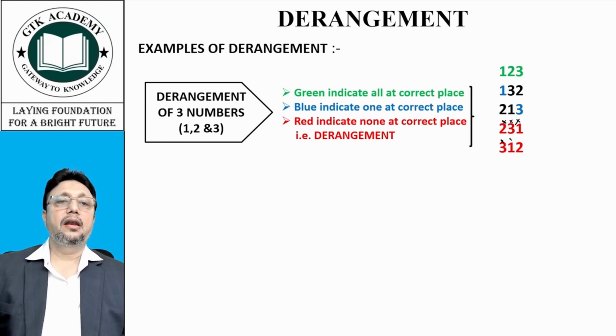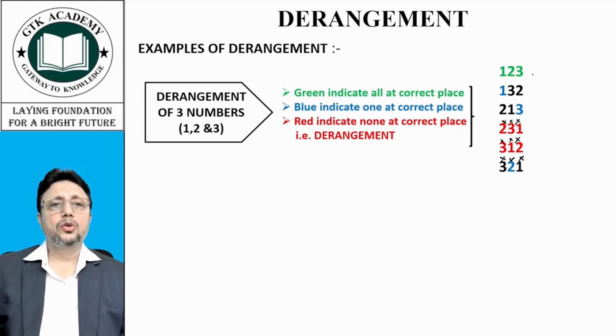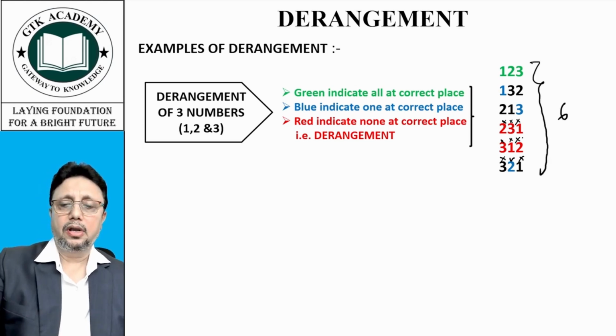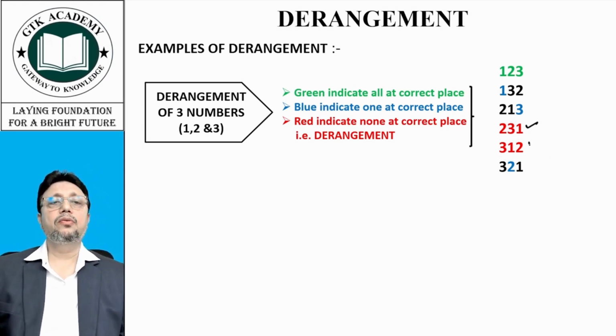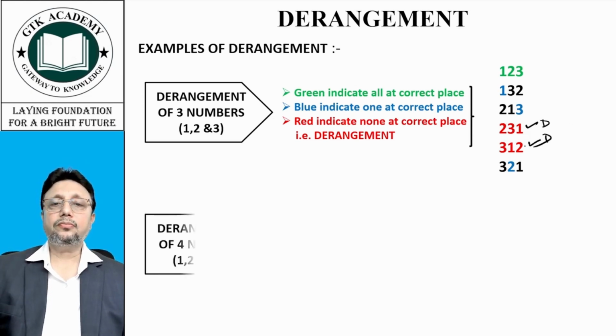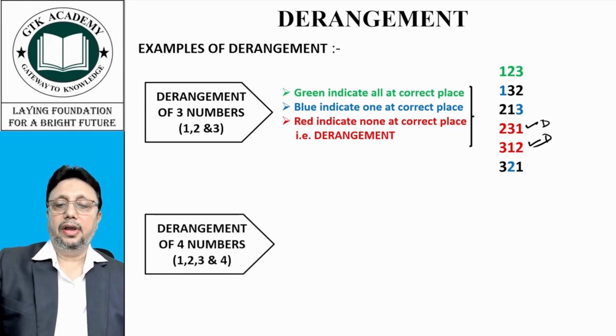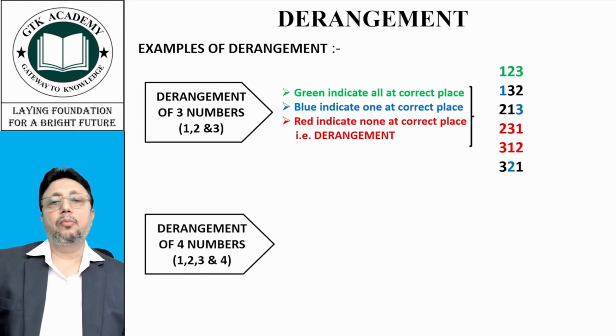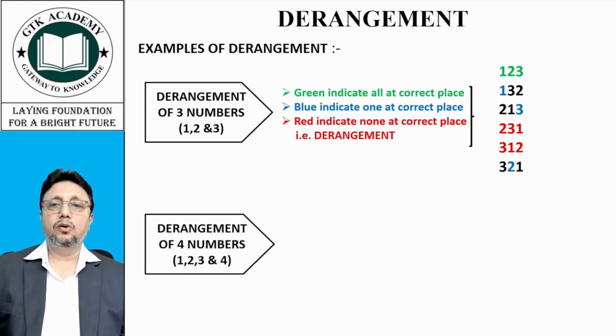Here again none of the numbers is at its correct place. And here 2 is at its correct place, 1 and 3 are not at their correct place. So these are 6 total permutations. Out of that, you have 2 derangements. Now, if we have 4 numbers, similarly, what we did with 3 numbers, we'll do it here with 4 numbers.